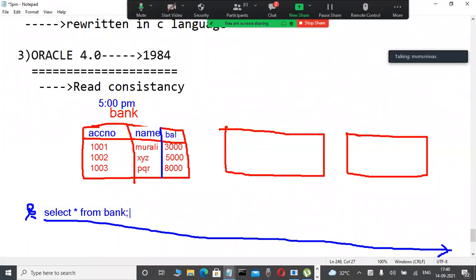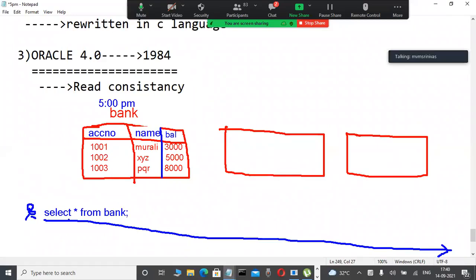But unfortunately, millions of records are there, for example 1 crore records in the table. Records mean these rows, 1001, 1002, 1003. Since 1 crore records are there, it will take so much time.